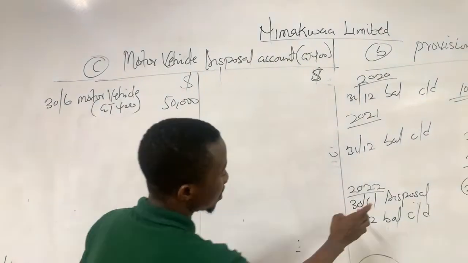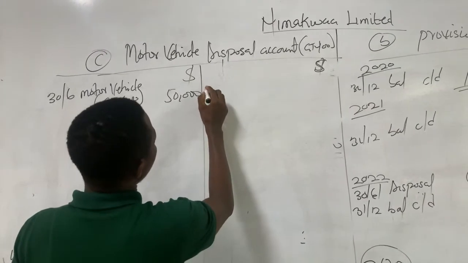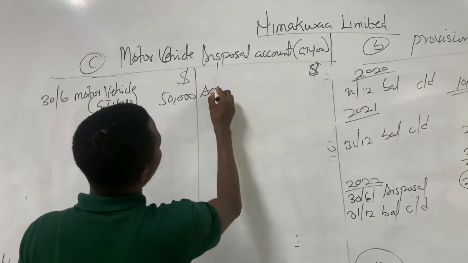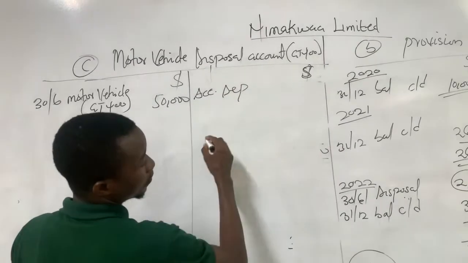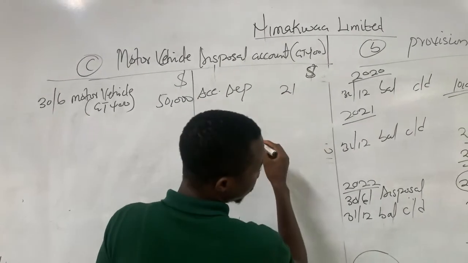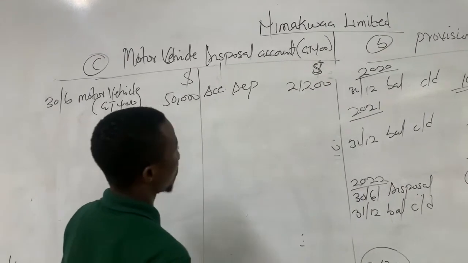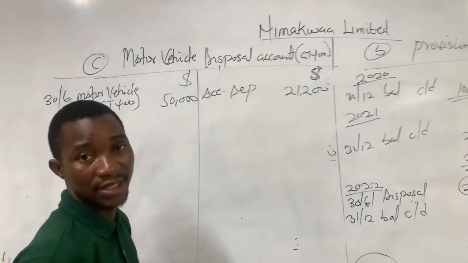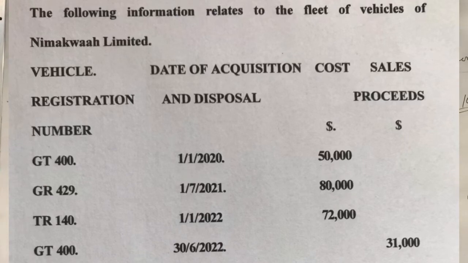Let's also consider this entry. Okay, that is the accumulated depreciation. So we have accumulated depreciation of 21,200. Is that okay? And there was also a cash proceed. Is that okay? From the question that on 30th June 2022, we disposed of assets, motor vehicle GT 400 of an amount of 31,000.